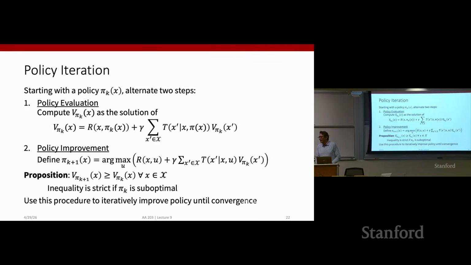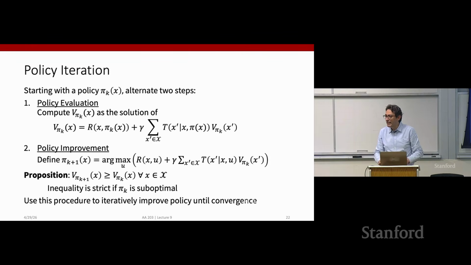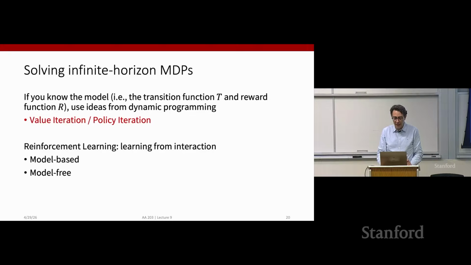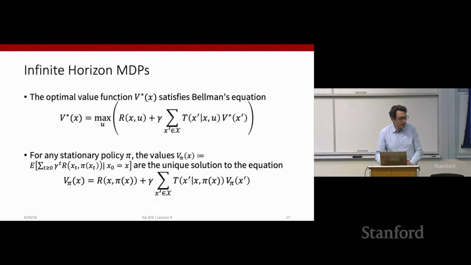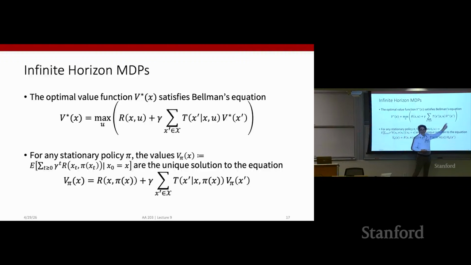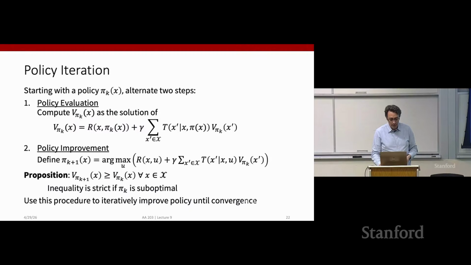But you use v pi k as a sort of placeholder that hopefully allows you to derive a better action. We're not using v star because we don't know v star yet. We use a surrogate, which is v pi k.